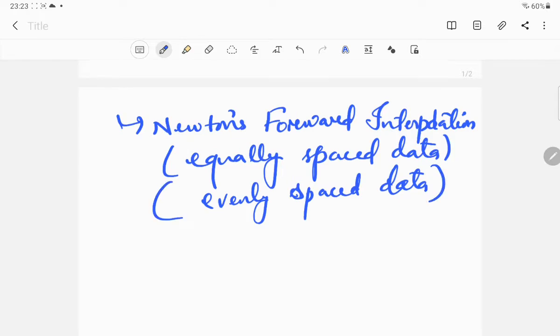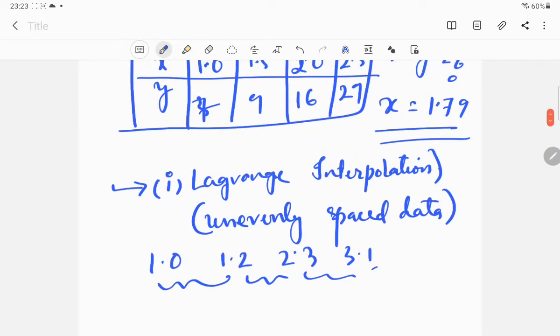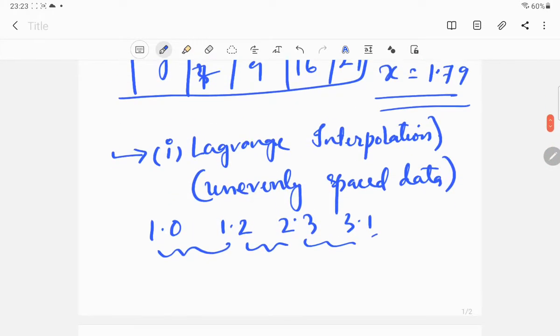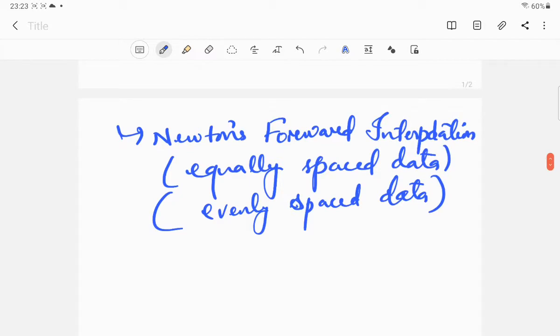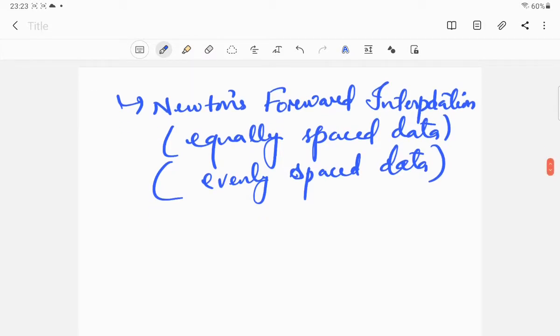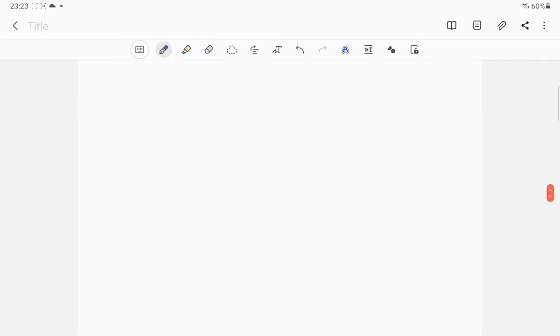So remember, whenever you have unevenly or unequally spaced data, you need to use the Lagrange interpolation method, and whenever you have equally spaced or evenly spaced data, you need to use Newton's forward interpolation.